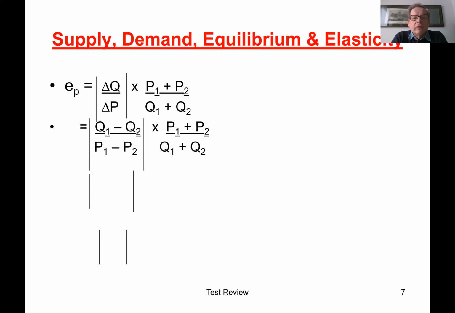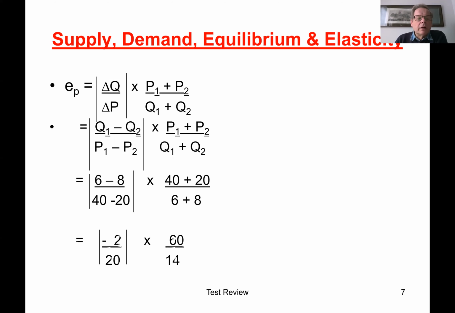So the change in quantity is quantity 1 minus quantity 2, divided by price 1 minus price 2, times price 1 plus price 2 divided by quantity 1 plus quantity 2. We're going to fill in the values that we're given, then simplify, and continue.